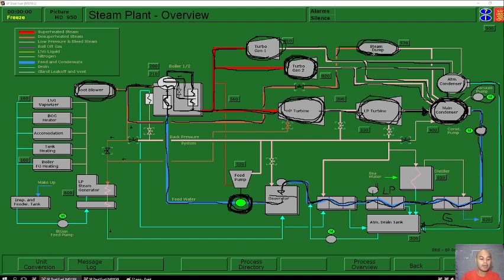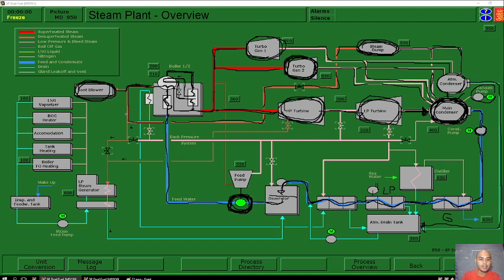So in the steam dump line, we have a silencer in here and a cooler. And then going back to the condenser or to the atmospheric condenser. So main condenser or atmospheric condenser, you can use both lines.